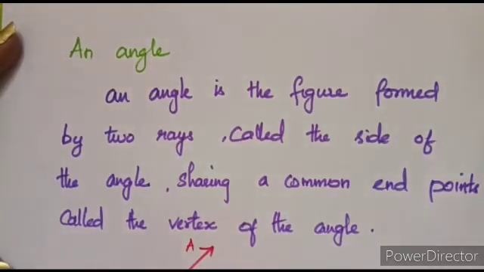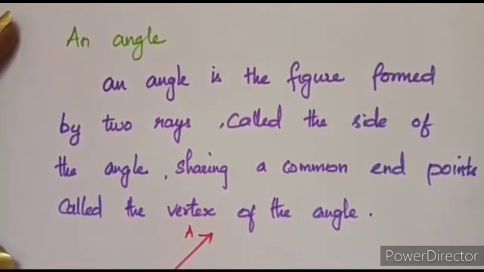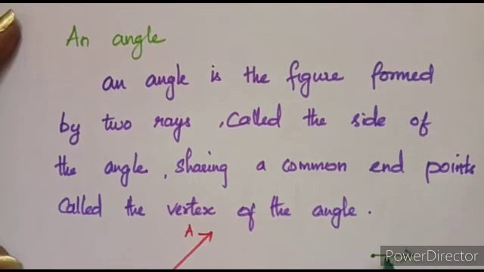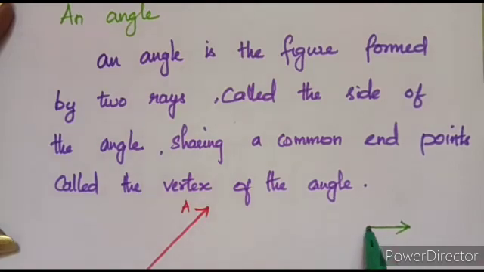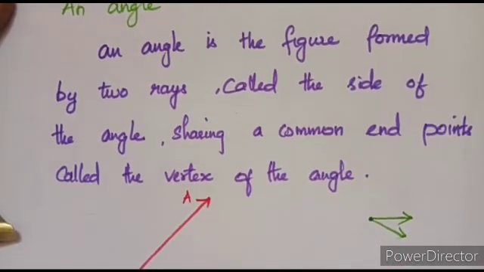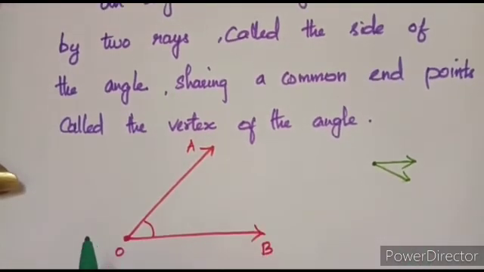Next, we are going to see an angle. An angle is the figure formed by two rays. You have already seen about rays: one starting point, there is no end.